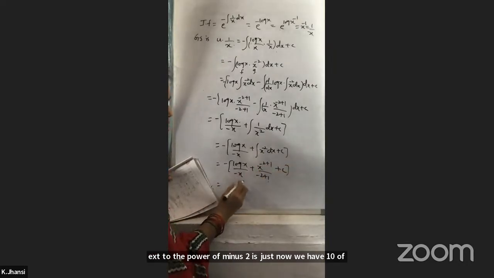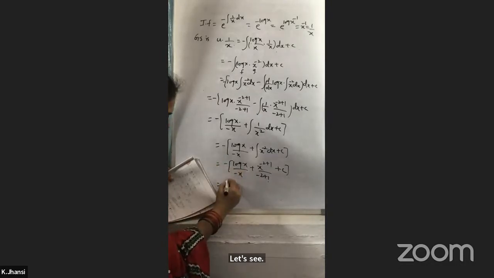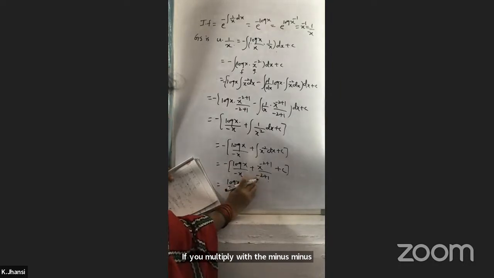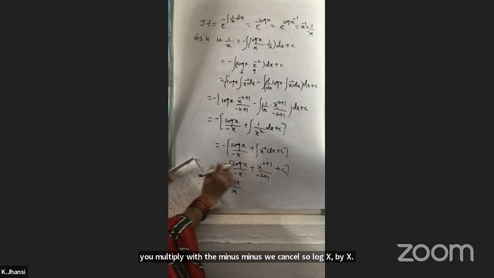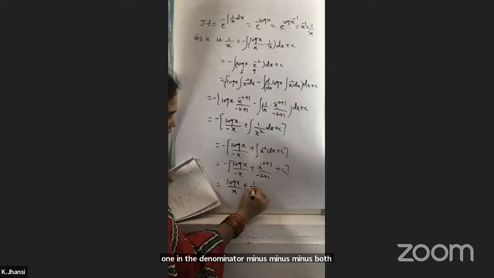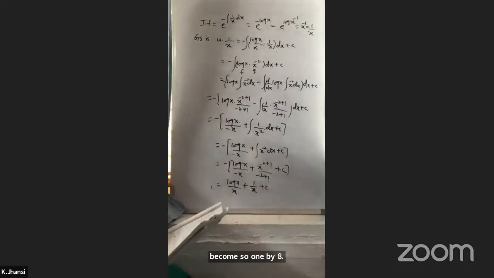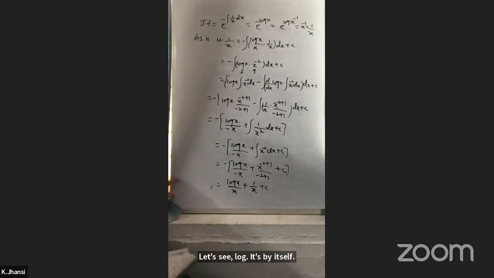If you multiply with minus, it will get cancelled. So log x by x, and again minus, you will get x to the power of minus 1 in the denominator, minus both will become plus. So log x by x plus 1 by x plus c.